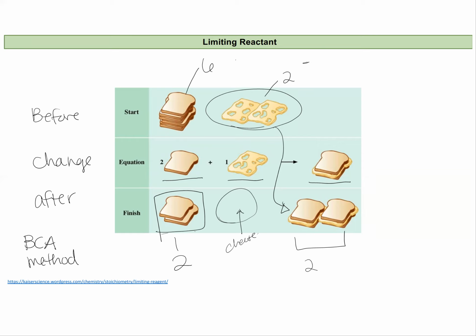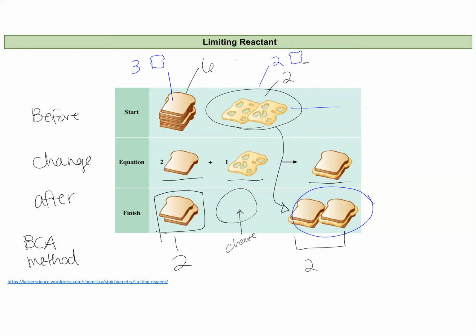So if we want to predict the number of sandwiches, we cannot predict those based on the bread. If we predict it based on the bread, we would predict that we would make 3 sandwiches, right? If we predict it based on the cheese, we predict that we'll make 2 sandwiches. And in fact, we make 2.